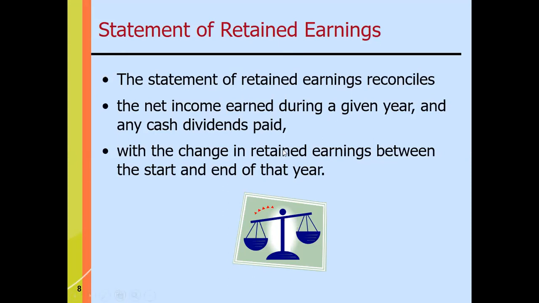The statement of retained earnings will show us the net income and the cash dividends, paid and declared. Declared is important. This is an assumption that declaration is the same as payment, with a change in retained earnings between the start and end of the year. So we can compare what happened to the balance of retained earnings.